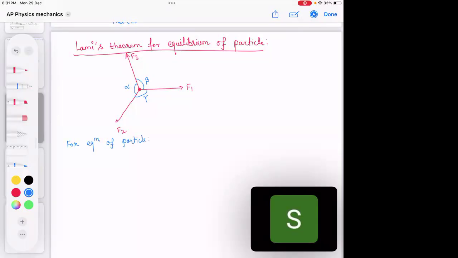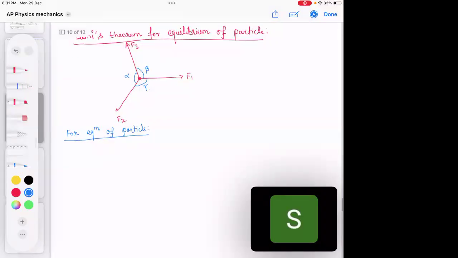So look at the F1 force. What is the angle in front of F1? If this is the F1 force, the angle in front of F1, is it alpha? Right? F1 is making beta and gamma angles with the other two forces. But what is the angle in front of it? Alpha. So we will write F1 divided by sine alpha equal to.